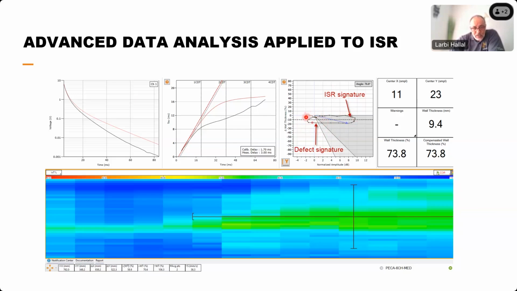One part is coming from the defect signature, so the wall loss that we have machined on that sample, and the rest coming from the support ring signature corresponding to a mass effect. So it's really the combination of the three signals that at the end will allow us to call for a defect and to identify the area of interest with the corrosion for this type of application on insulation support rings.